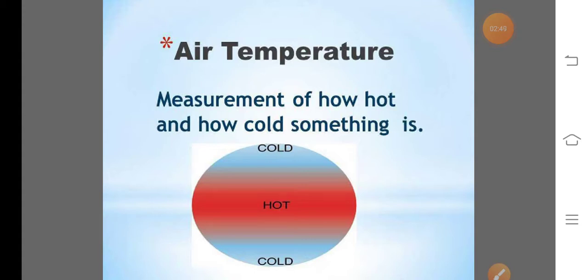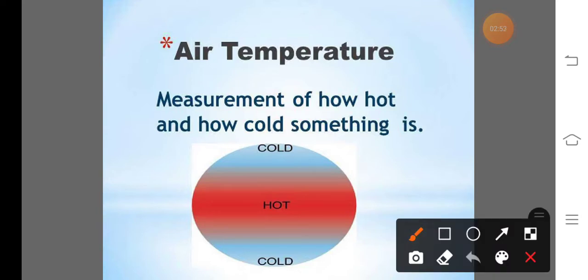The main objective of the study of this topic, measurement of air temperature, is to know about the different thermometers used for the measurement of air temperature, or also different units used for the measurement of air temperature and their conversion from one scale to another scale. So these are the two objectives of this exercise to study in our syllabus.